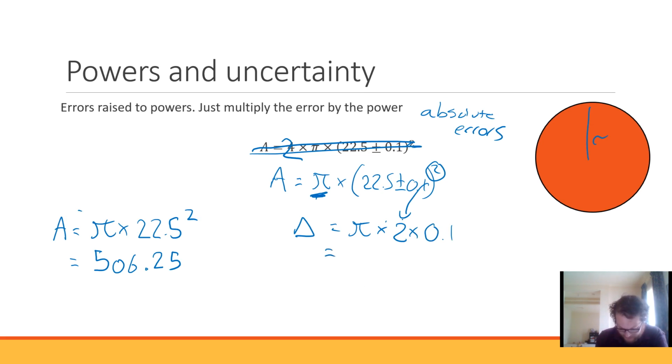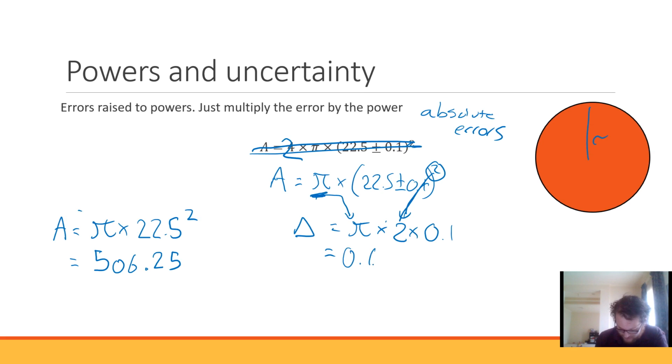That's where this 2 comes from, and this pi comes from here, which gives us 0.2 times pi, which is roughly 0.2 times 3.14, giving us 0.628.